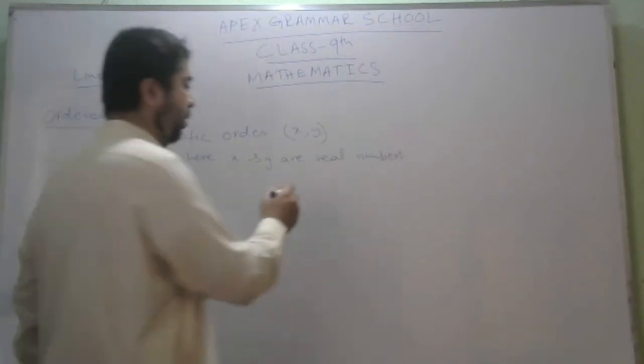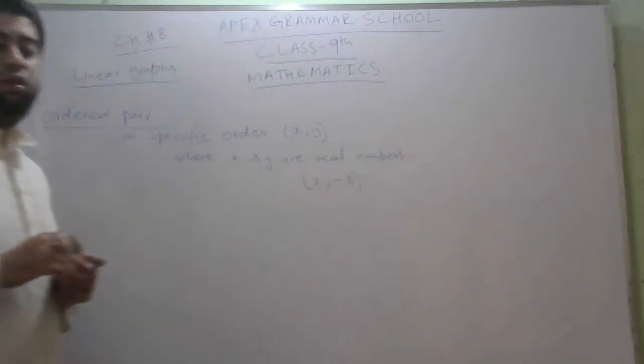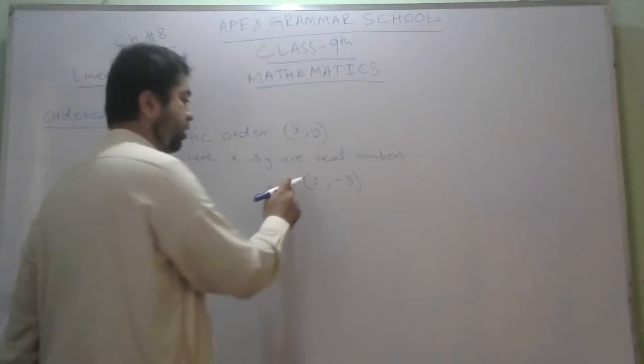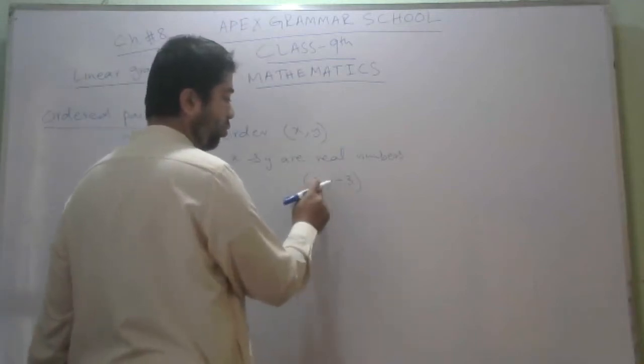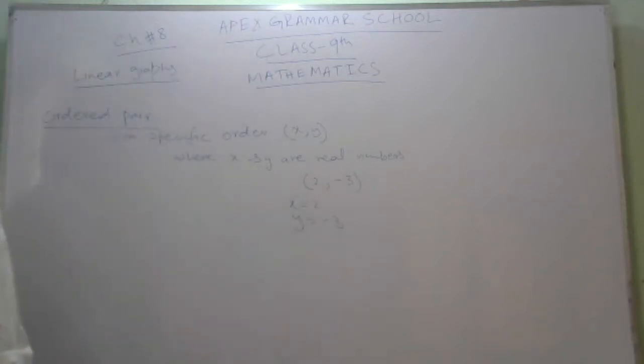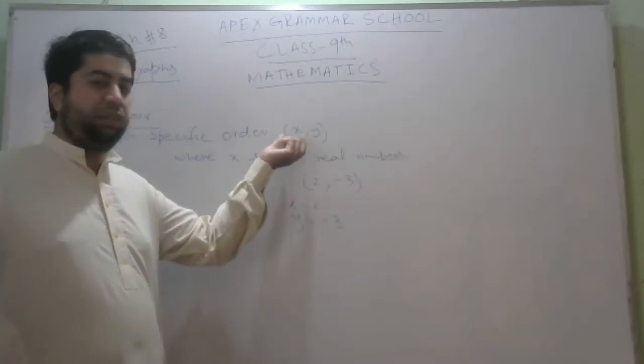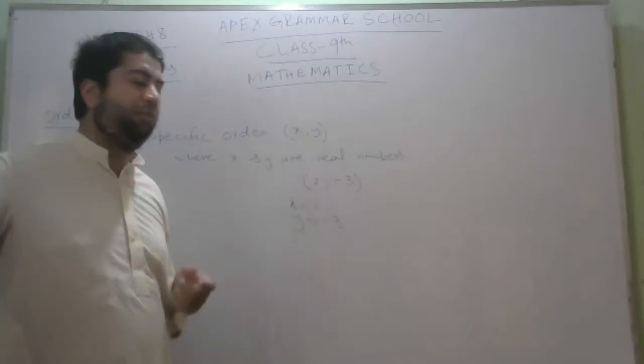For example, if we have the values 2 and minus 3, then we must know that the value of x here is 2 and y is minus 3. This is because of the specific order, x comma y.